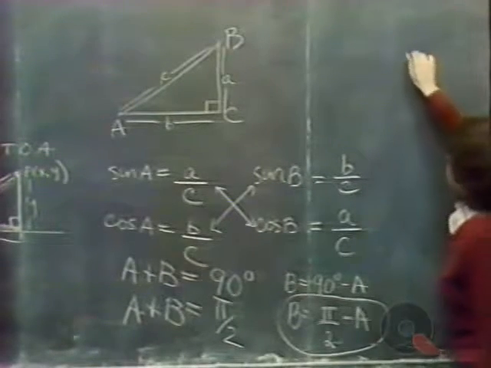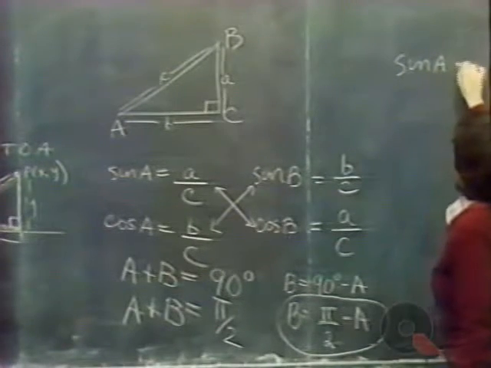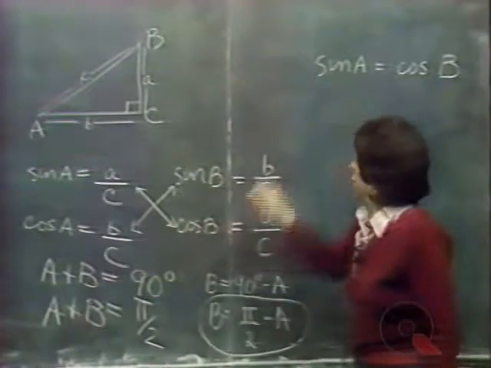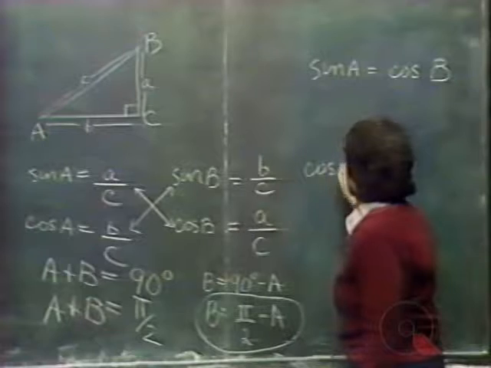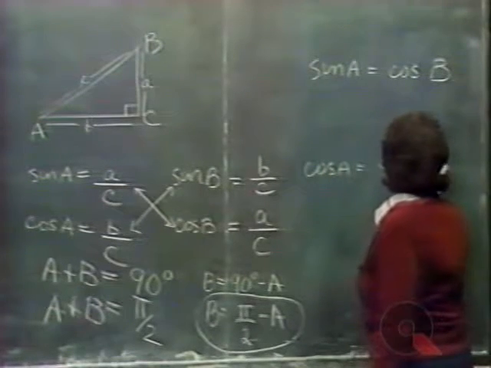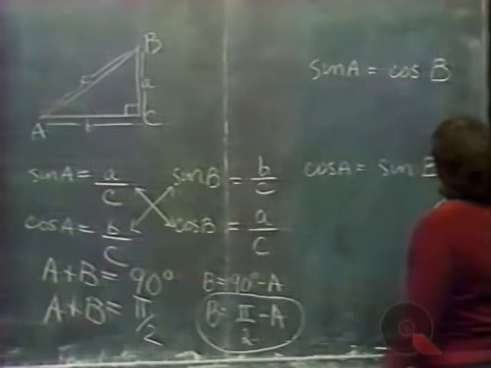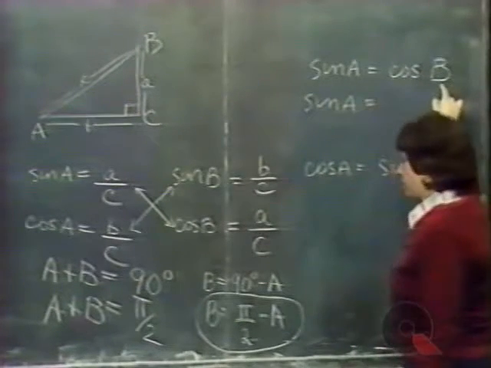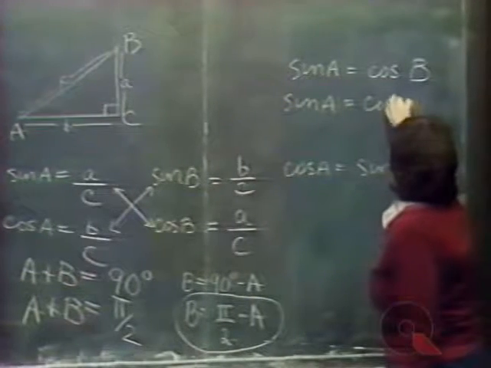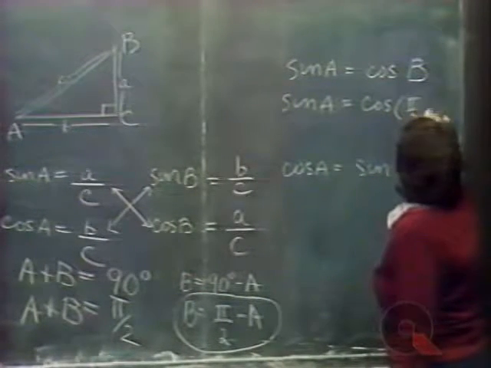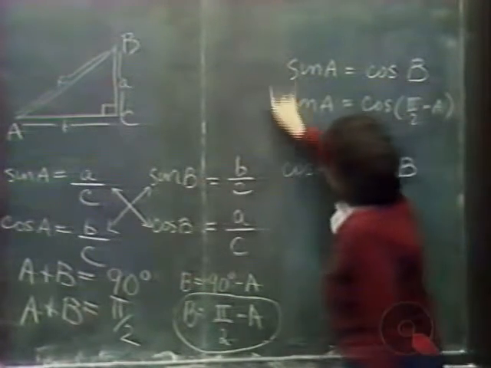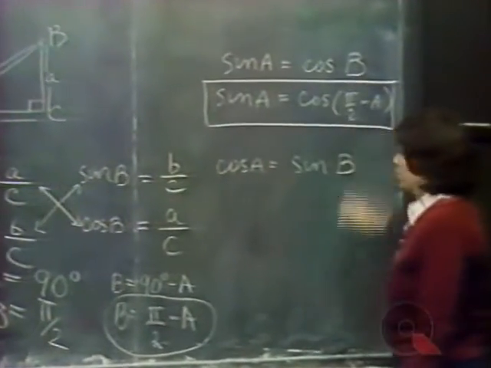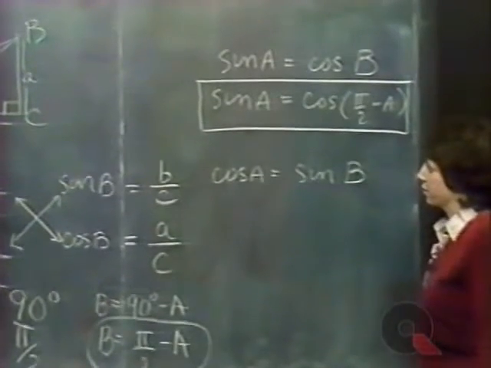Now we have the sine of angle A is equal to the cosine of angle B. And furthermore, the cosine of angle A is equal to the sine of angle B. But we can write B as pi over 2 minus A, giving us the sine of an angle is equal to the cosine of its complement.